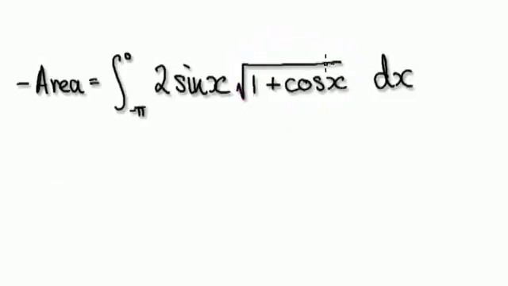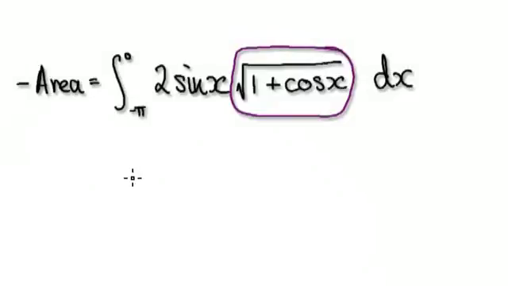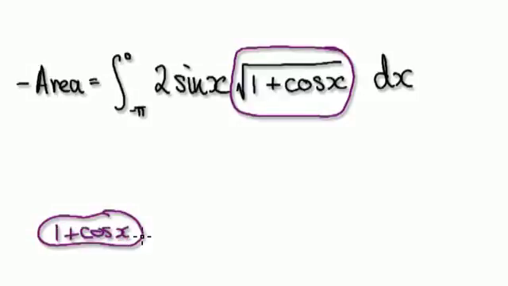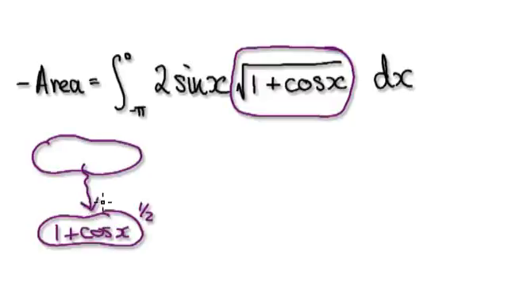So let's start again. Your eyes just zoom into this bit here. Visualize it as 1 plus cos, and currently it's this to the power of a half. But we are looking for something that when you differentiate it, it will give us this. Looking at this bit, it will be 3 over 2, 1 plus, and we've done this several times.